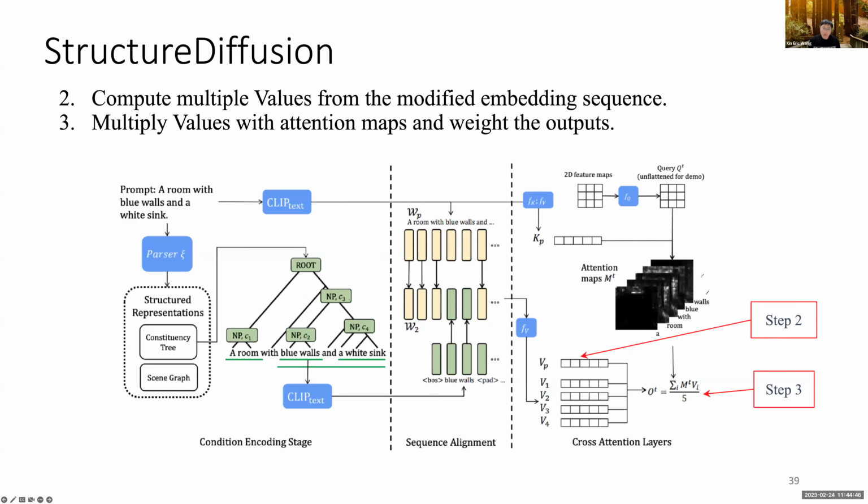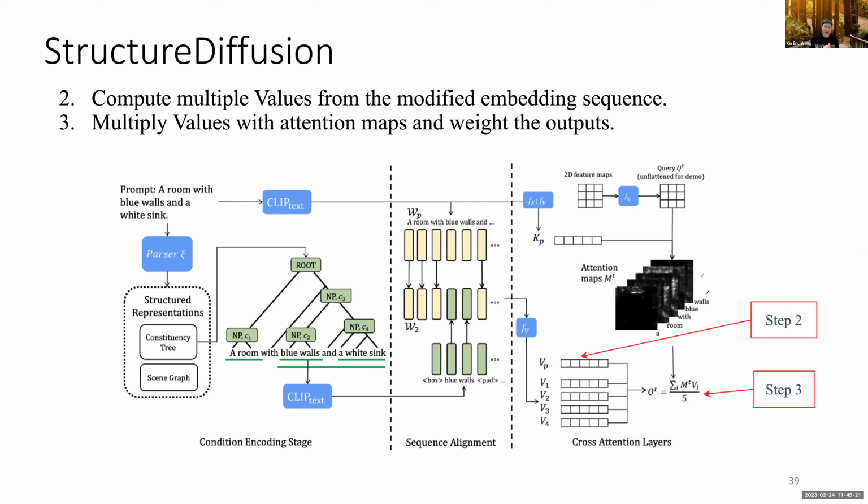And then we can compute multiple values from the modified embedding sequence. We use the modified embedding sequence to attend to different regions of the feature map here. In this case, we will also have the original word embedding sequence to add a global context.